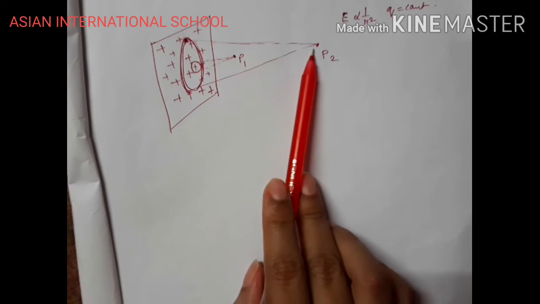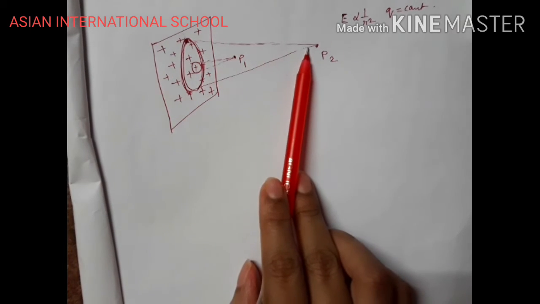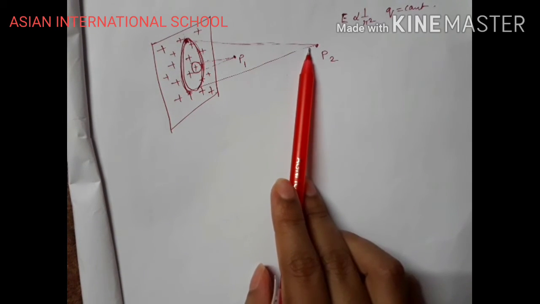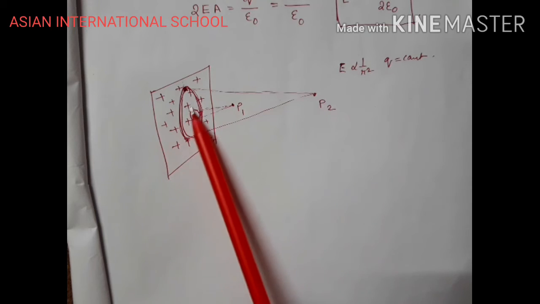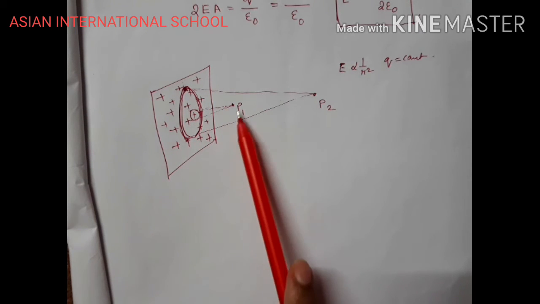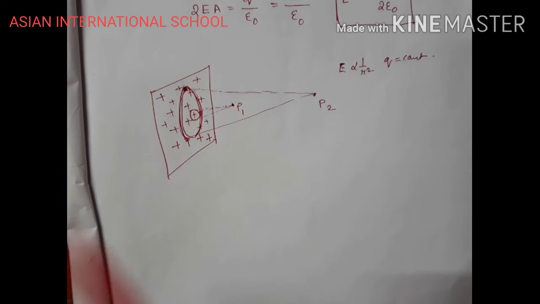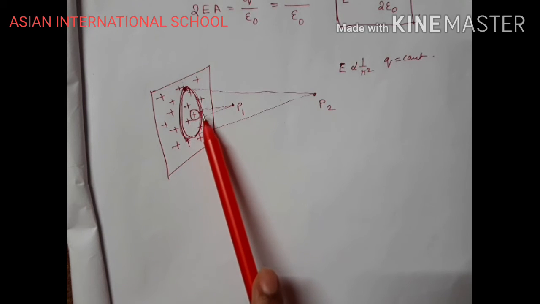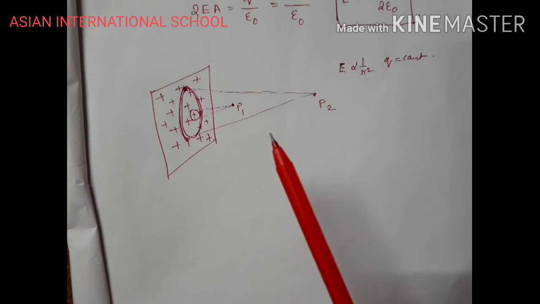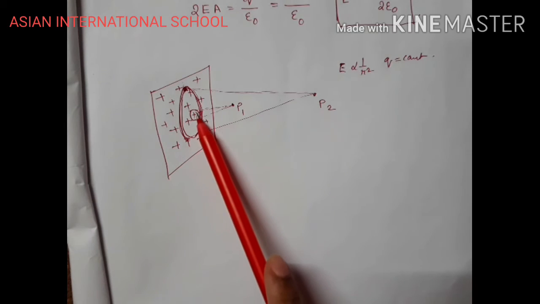Here, due to more distance, your electric field should be less, but the amount by which it should be less is getting added due to more charge enclosed. Here, because of small distance, the electric field should be more, but that amount is getting subtracted due to less charge.